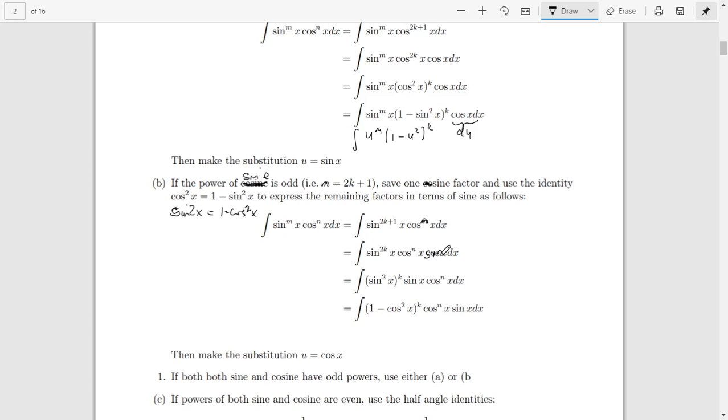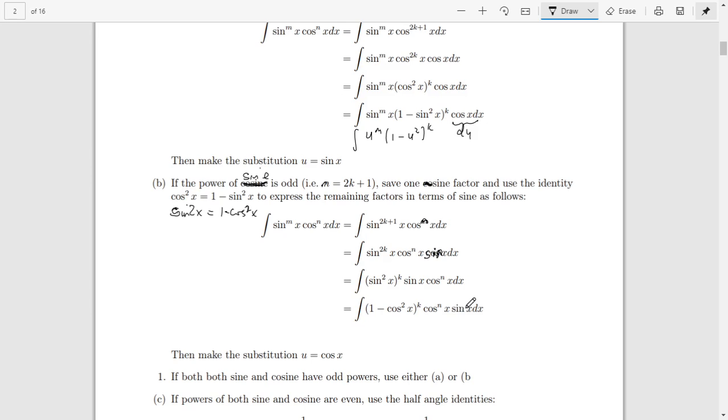Over here, we'll do the same thing: sine to the power of 2k is sine squared to the power of k. And then we have one factor of sine. Cosine still remains the same, we are not touching it. And then we can change this factor to 1 minus cosine squared, to the power of k.